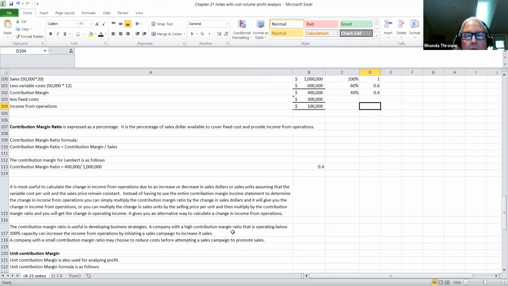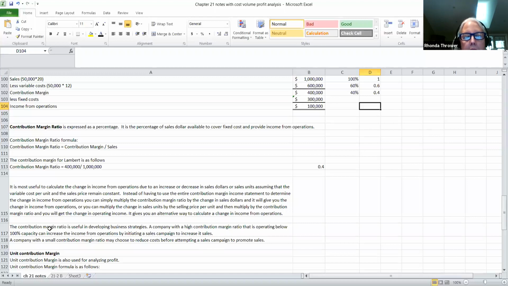As an example, if a company has a high contribution margin ratio but is operating below 100% capacity, meaning they aren't producing the total units they could produce, then it might be a good idea for management to advertise or run some kind of sales campaign to increase sales, which will in turn increase the dollar amount of income from operations.